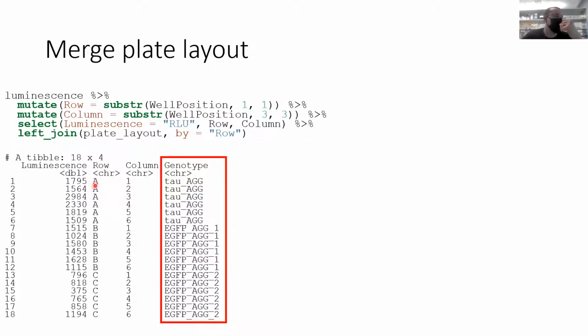So now every time you have an A in the row column here, it'll join Tau AG, the layout that was in the A row in the other data frame. And every time the plate layout data frame's row says B, it'll take EGFP ag 1. And every time the plate layout's row column says C, it'll take EGFP ag 2. Okay, thank you. All right.